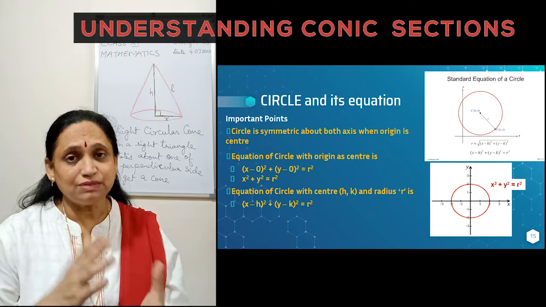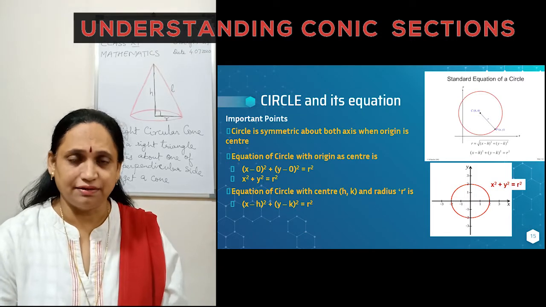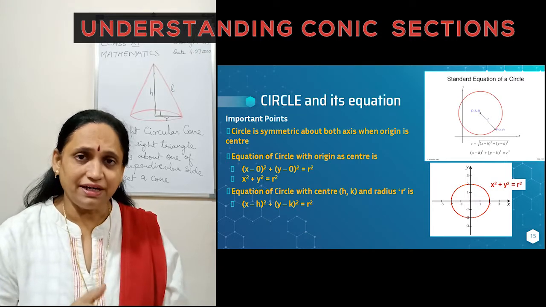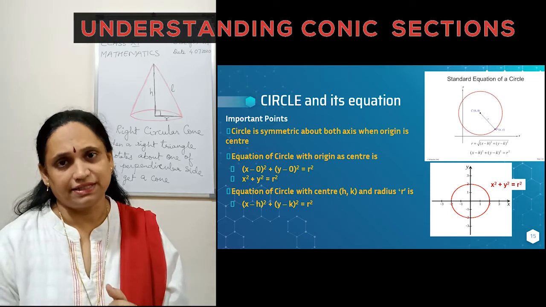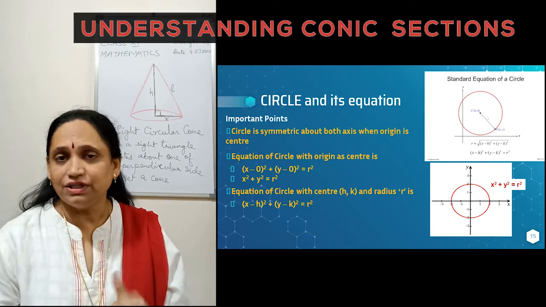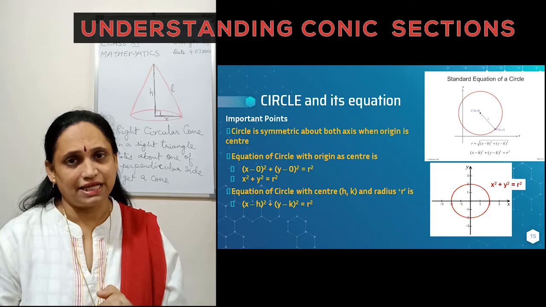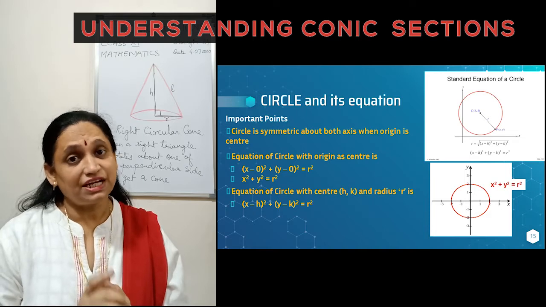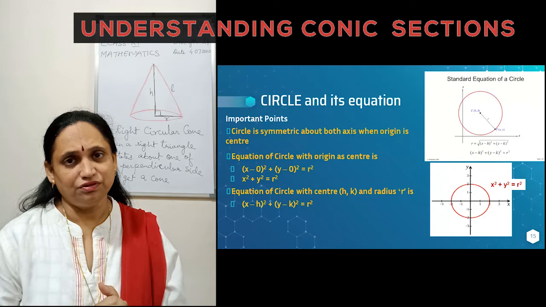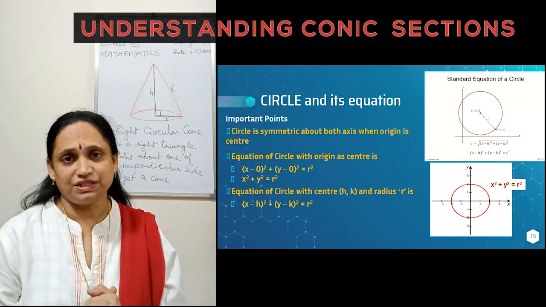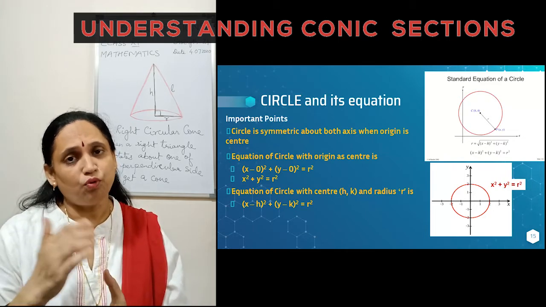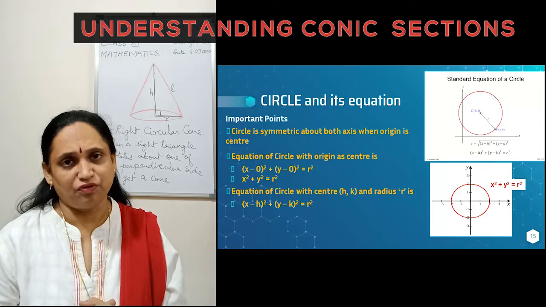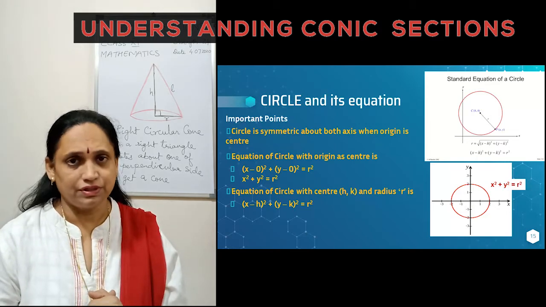So when the circle is placed with origin as center, we find it symmetric about both the x and y axes. As we have learned the definition of the circle, which says locus of points which are equidistant from a fixed point, now our fixed point is the origin, the point on the circle is (x, y), and the radius of the circle is r.